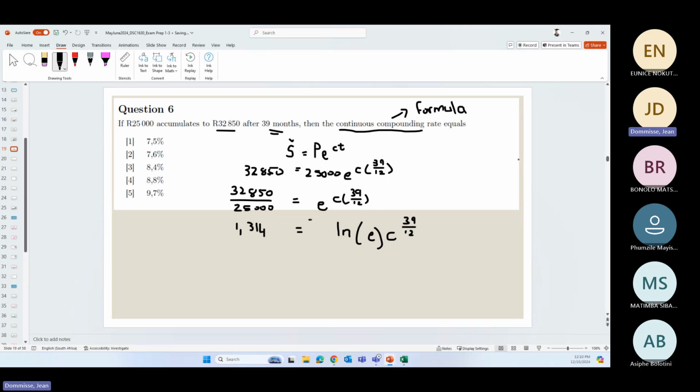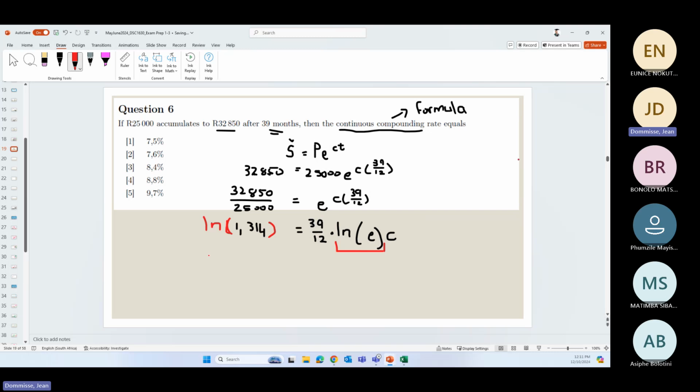If we do that with the ln, the 39 over 12 is moving in front, so it's not going to sit there anymore. So we sit with 39 over 12 times ln E C, where that component basically falls away. But if we do ln on this side, we need to do ln on the other side as well.